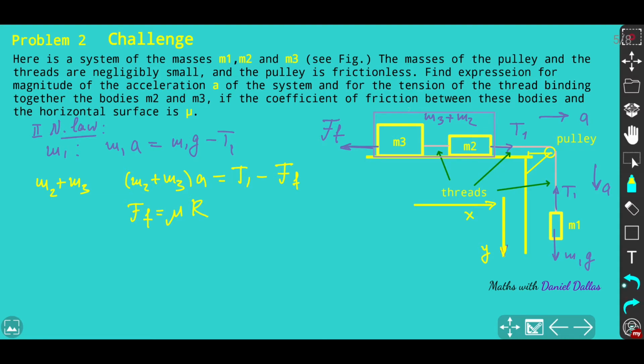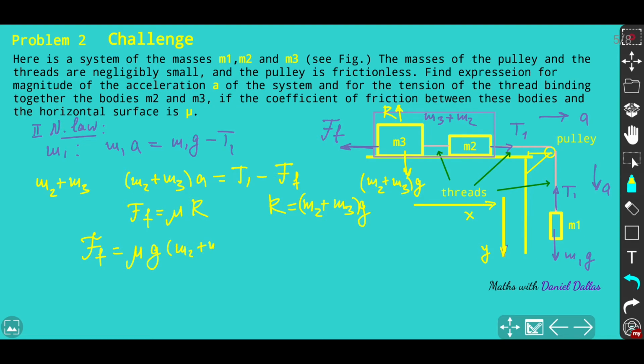In the vertical direction, there is another force, (m2 plus m3) times g, which is the gravity force. Due to the fact there are no other forces, we can say that the reaction force is exactly represented by the gravity force for the combined object. So the friction force in that case is going to be equal to mu g times the total mass.